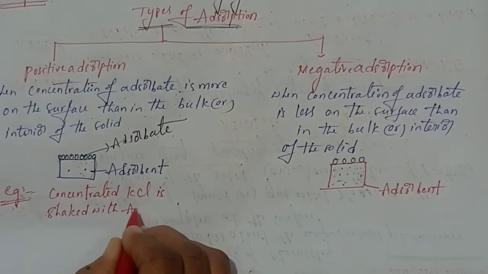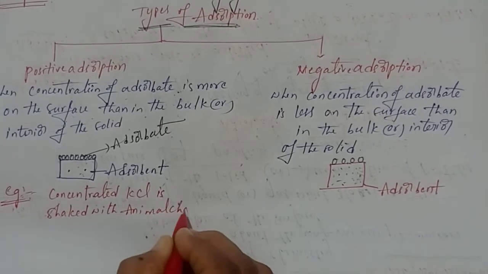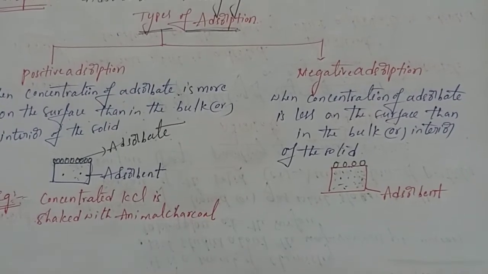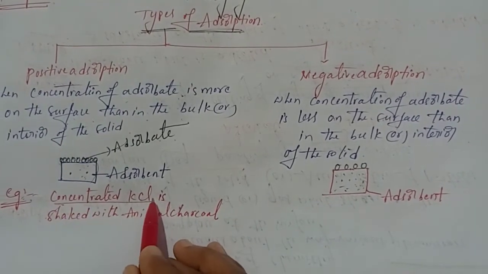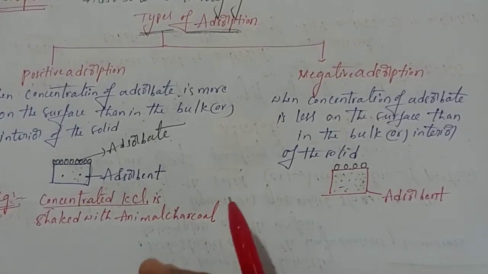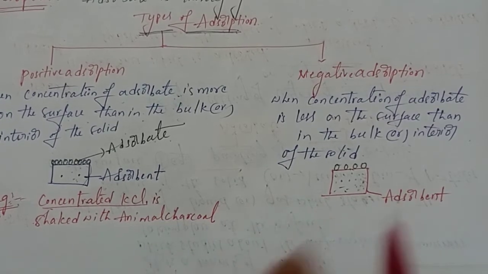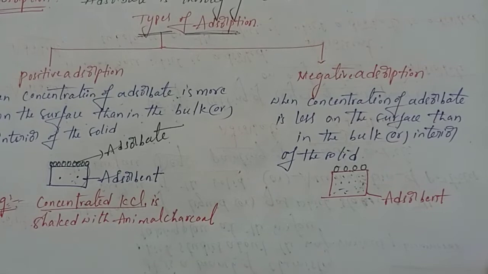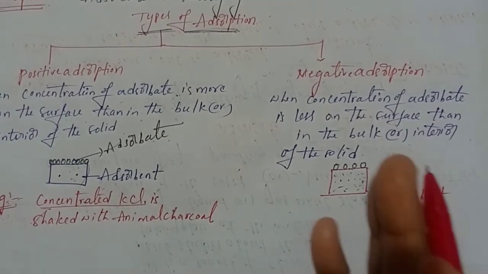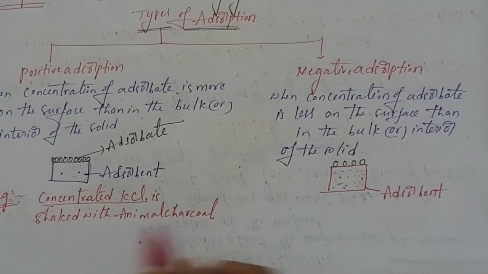Animal charcoal. Okay, this one we can take as an example for positive adsorption. I am taking concentrated KCl, so in the concentrated KCl solution, the KCl concentration will be more. Are you following? So whenever it is shaken with animal charcoal, what is animal charcoal first of all, students?